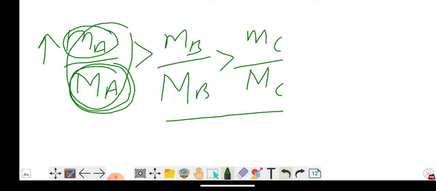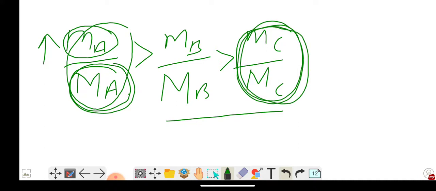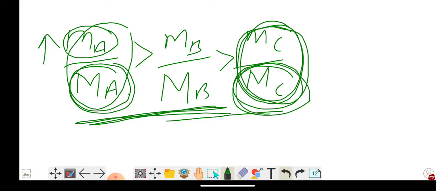And for this quantity to be smaller than the other two, its molar mass must be very large, so that the overall quantity decreases.